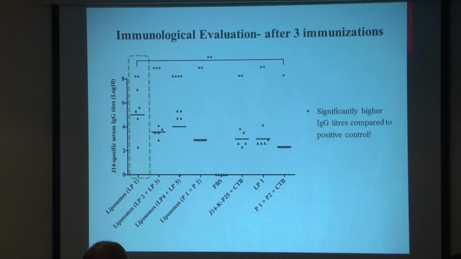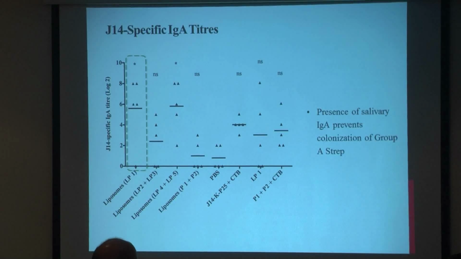So it shows that there is some sort of improved delivery, at least. Next would be measuring IgA titers. Once again, I've got really high titers for liposomes with LP1, the conjugate, and it is significantly higher than PBS, which is here. However, for the other liposomal formulations, some of them did not show any significance compared to the PBS.